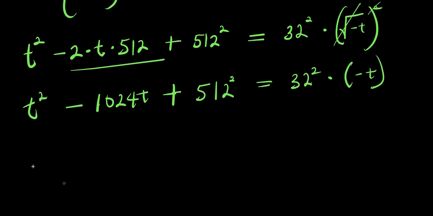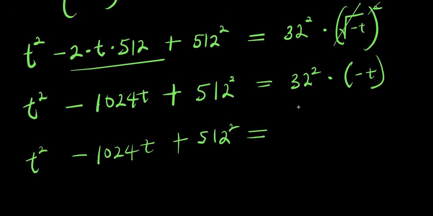So from here, I have t squared minus 1024t plus (5/2) squared equals 32 squared, that is 32 times 32, like what we did earlier on. That is 1024, then times minus t.